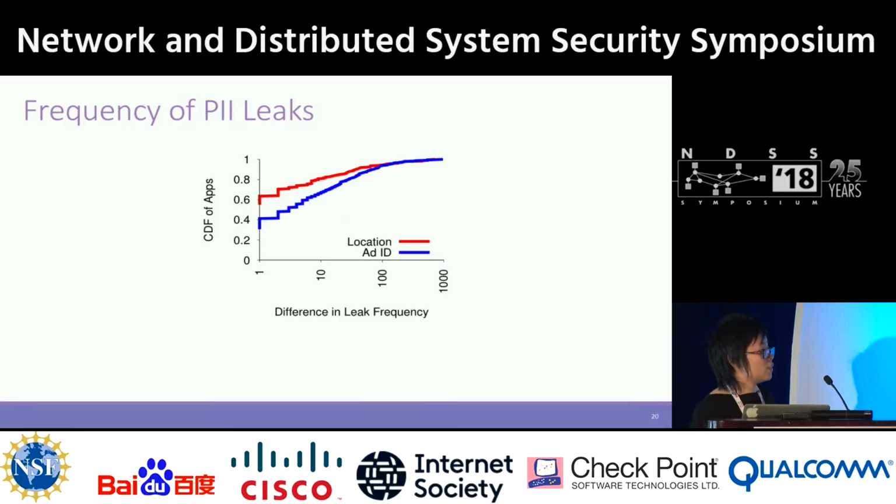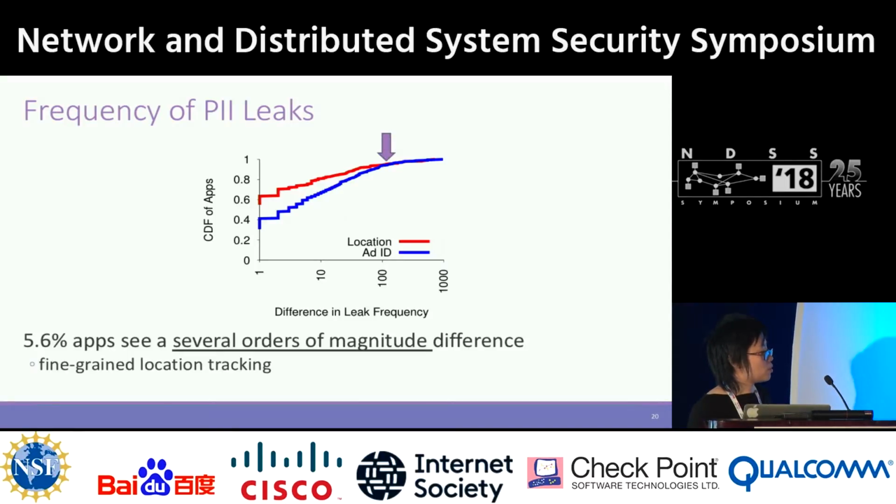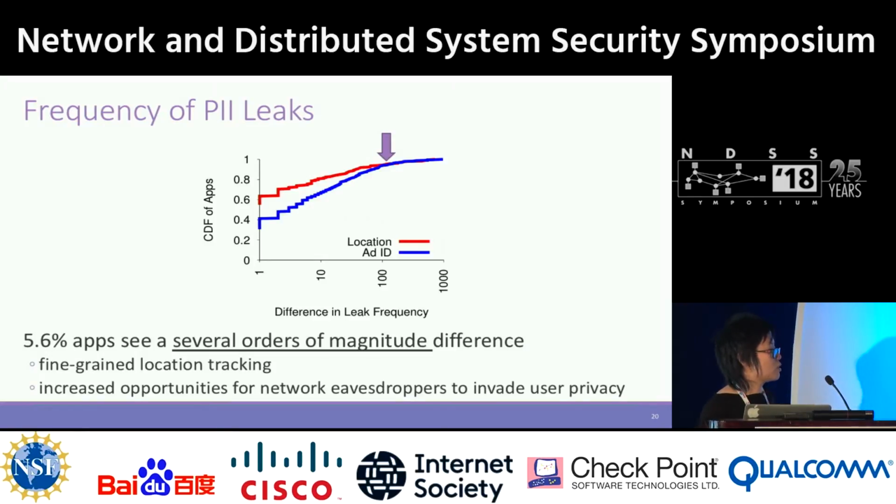However, a significant fraction exhibit several orders of magnitude differences. What this means is that during a 10-minute interaction, some versions leak location or advertising ID hundreds of times. It's really upsetting because it profiles users in really fine-grained detail, and it drains the battery if you keep the GPS radio active. Also, this increases the opportunity for eavesdroppers to invade user privacy.